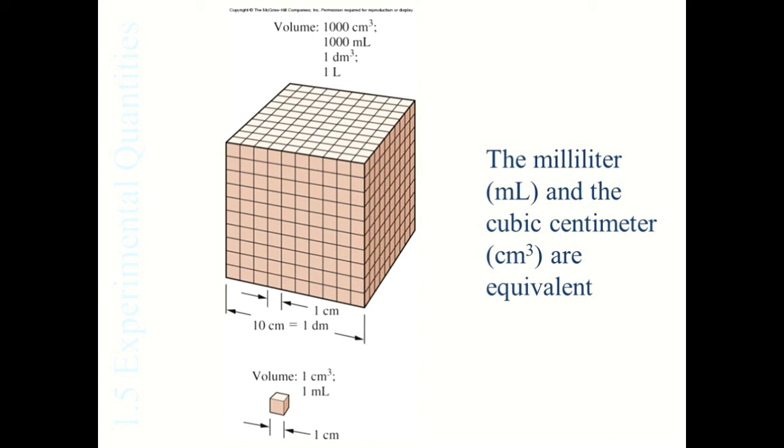Now you will become familiar with cubic centimeters if you go into healthcare, because if you're going to deliver a drug to a patient, it's usually in cc. Give this patient this many cc's, or this many cubic centimeters of this drug, okay? And that's what they're talking about. cc's is cubic centimeters, okay?